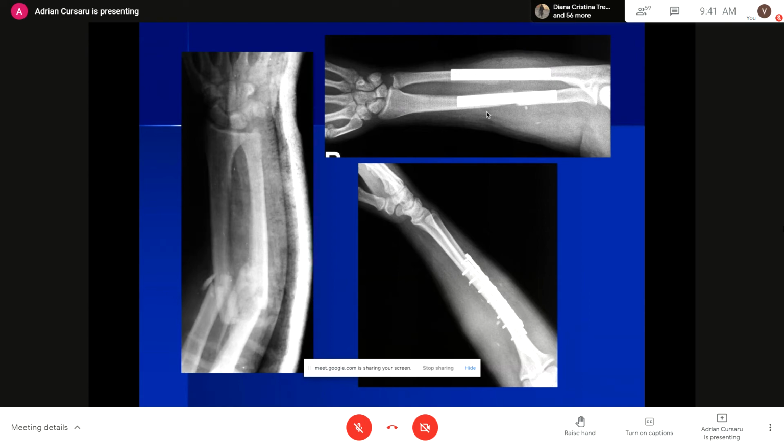You cannot say it from that image, but I know the case. It is a closed fracture. And in that case, a closed shaft fracture in the middle part, we discussed that the gold standard treatment is represented by closed reduction. Do you think in that case we made the closed reduction?